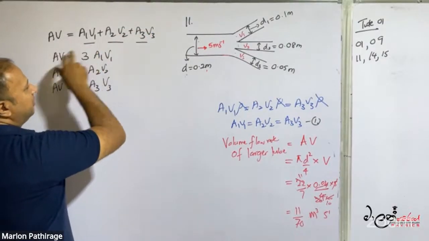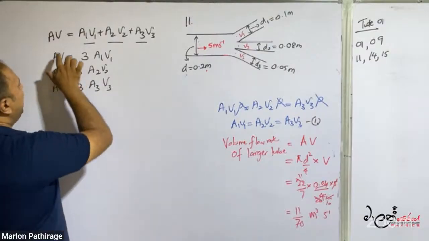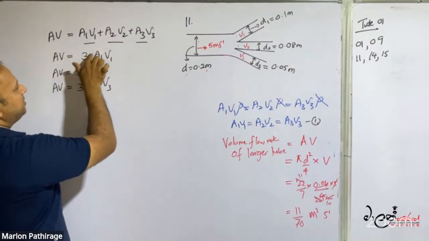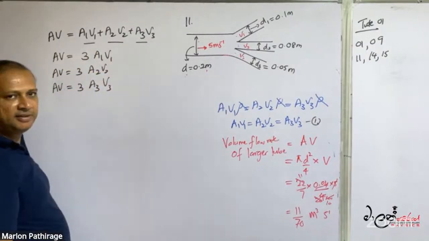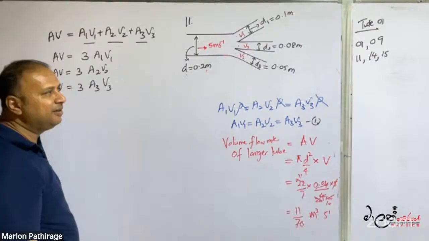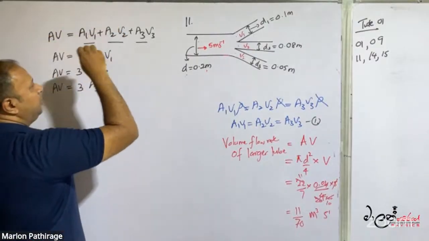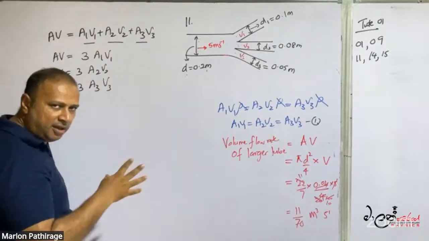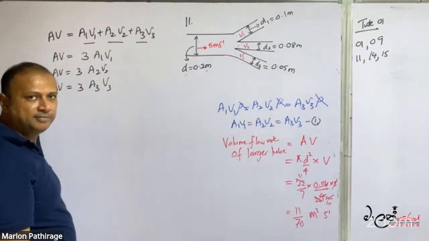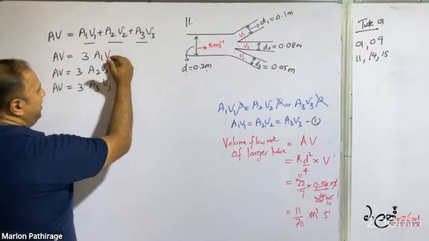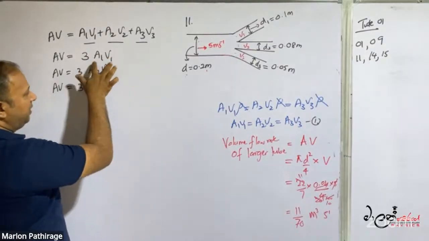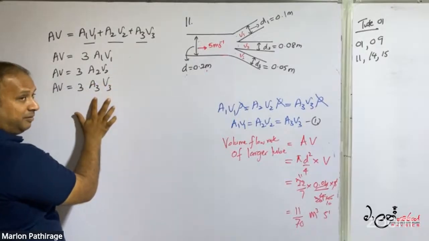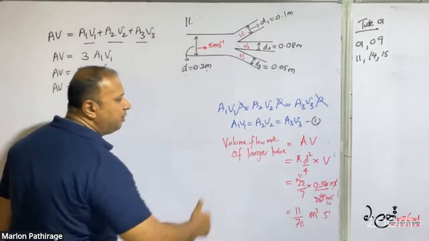Therefore AP should be equal to 3 times A1 V1. Similarly instead of A1 V1 I can write A2 V2, instead of A2 V2 I can write A3 V3, because all of them are equal.